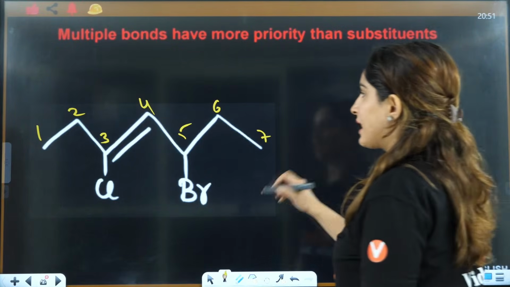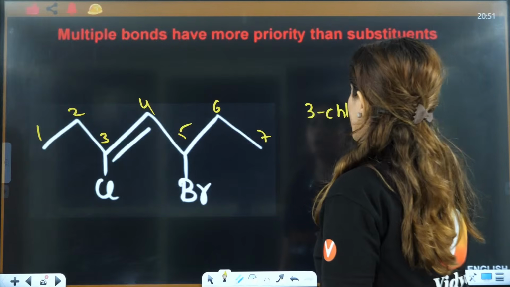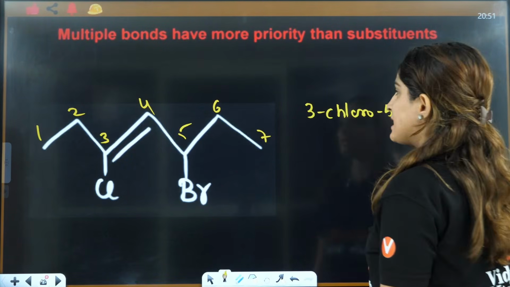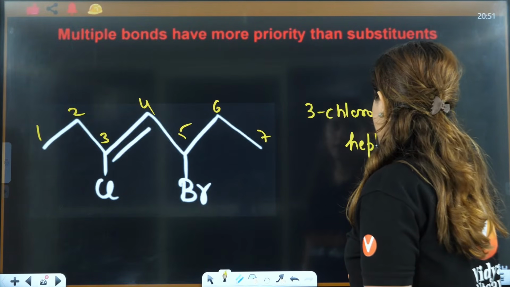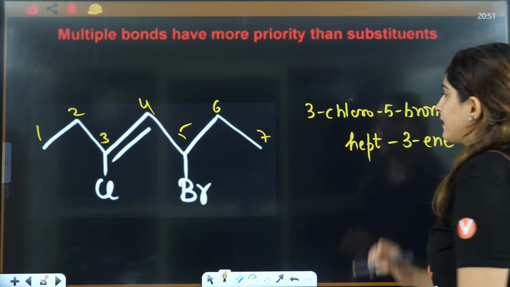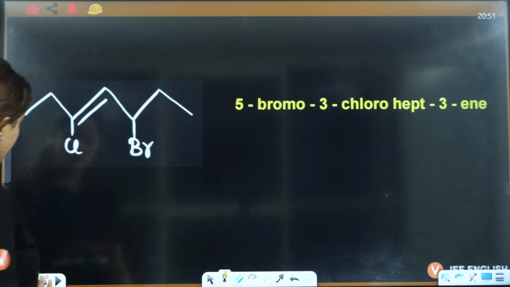So you will say this one is preferred, so here it will be 3 chloro, 5 bromo, hept 3 ene, and that is going to be the correct answer in the end. Wait a minute.